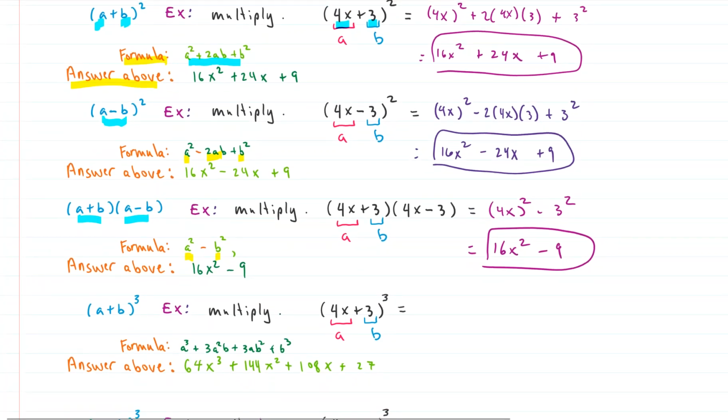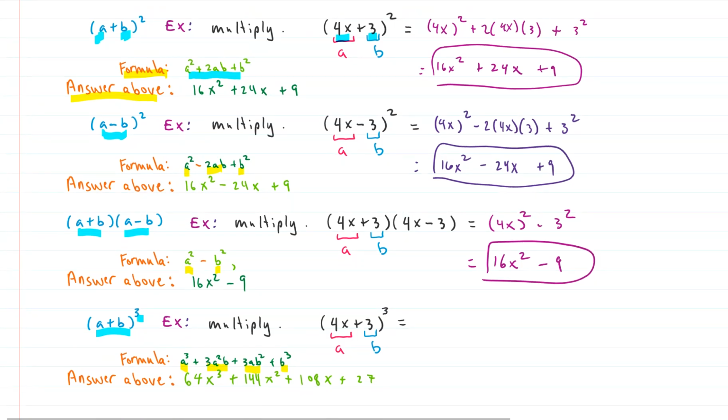Next, a plus b quantity cubed. Our formula for multiplying that out is a cubed plus 3a squared b plus 3ab squared plus b cubed. And a and b again are the same. So let's see how this one goes. This formula looks a little bit bigger, right?